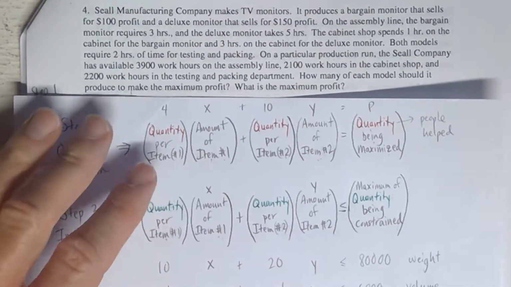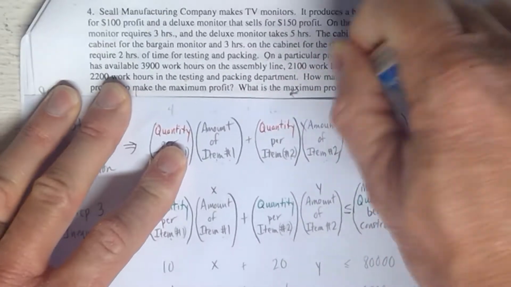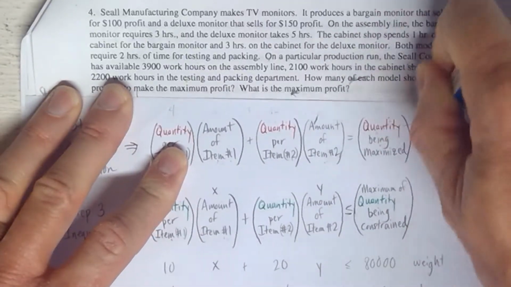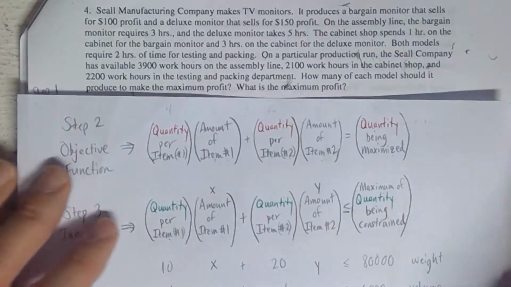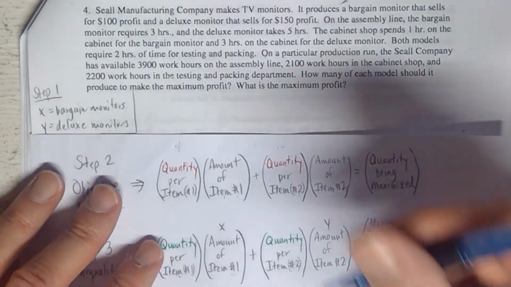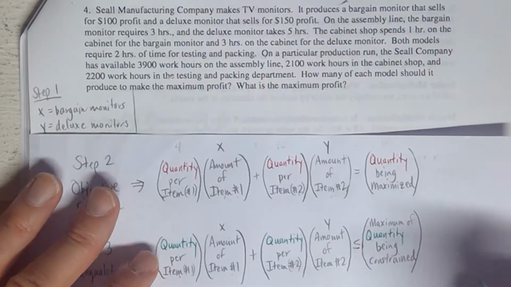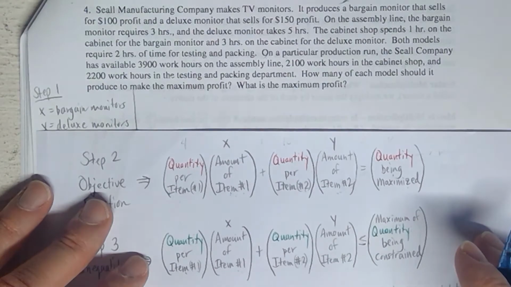Let me erase off the old problem here so we could start off new. Again, X and Y, I'll go right here, assuming you're using X and Y as your variables. All right, that hasn't changed.